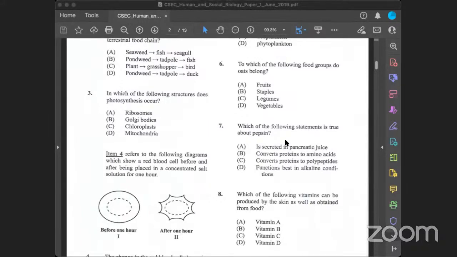Because before it reaches amino acid, it has to be broken down first. No, I understand what you're saying there, but why can't it just break it down straight to amino acids? I have to check that one out. So yeah, you're actually correct. Polypeptides. C. Good.